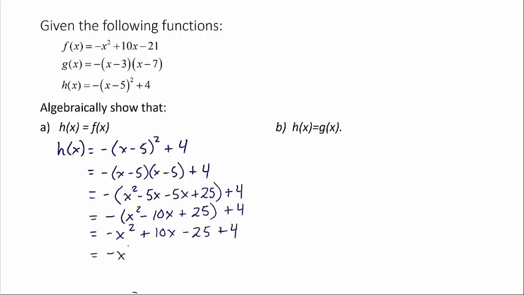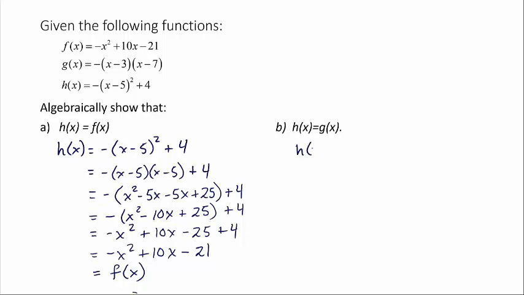So negative x squared plus 10x, and negative 25 plus 4 is minus 21. Now is that the same thing as f of x? Yes, it is. No wonder we got the same graph, right?